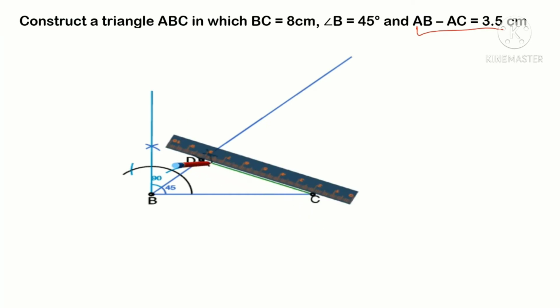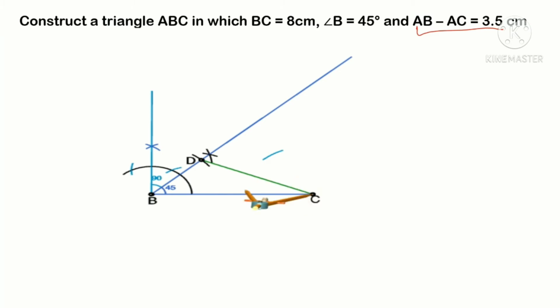Just join CD. See, this is the same step we did when the sum of the sides was given. Now draw the perpendicular bisector of CD. If you remember, we did the same to construct a triangle when the sum of the two sides was given. Now, wherever this perpendicular is going to meet this ray BX, you can just name this ray also.